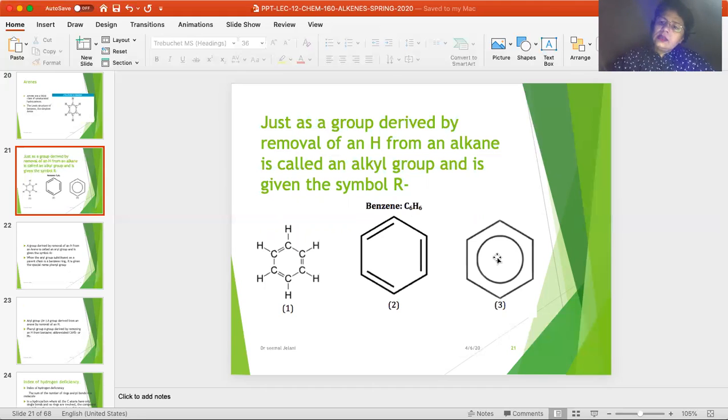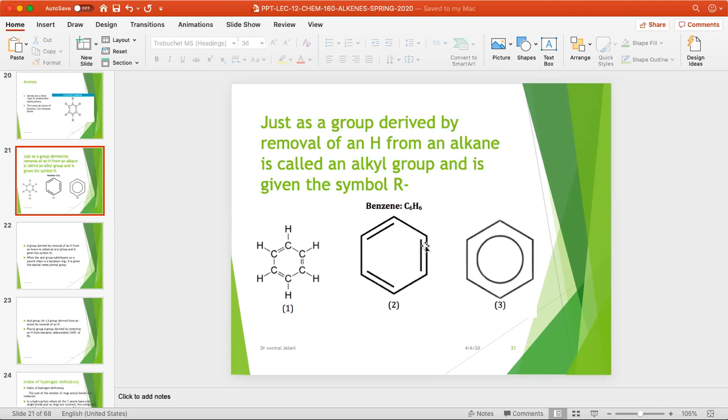This inside circle is actually showing you the delocalization of the pi system. Pi system means pi bonds. So there are 3 double bonds, 1, 2, 3. So there are 3 pi systems over here, and this circle indicates that all the electrons of the pi system are delocalized. They are not localized.